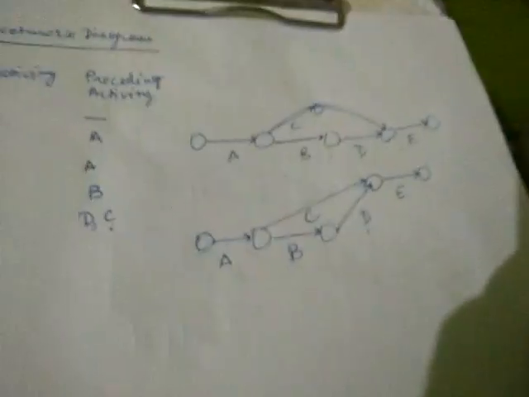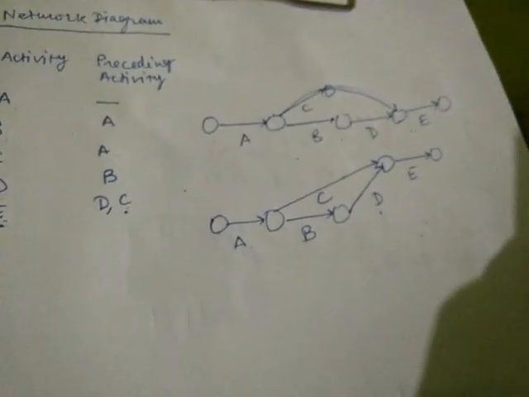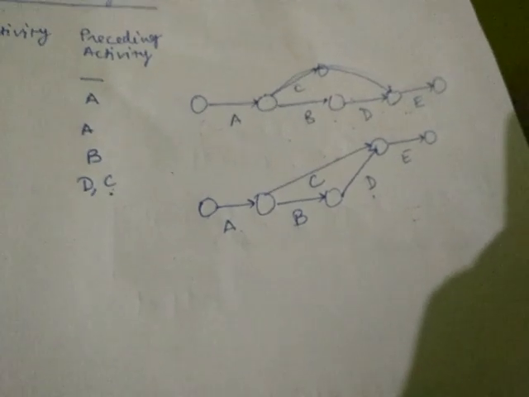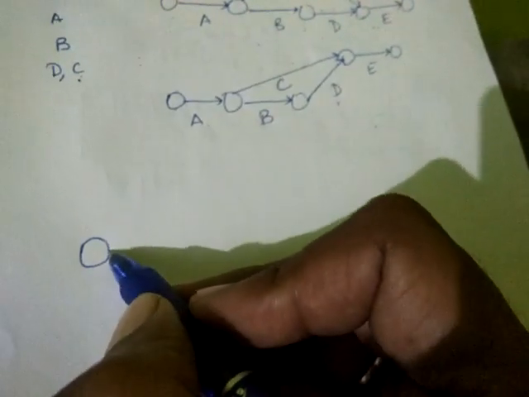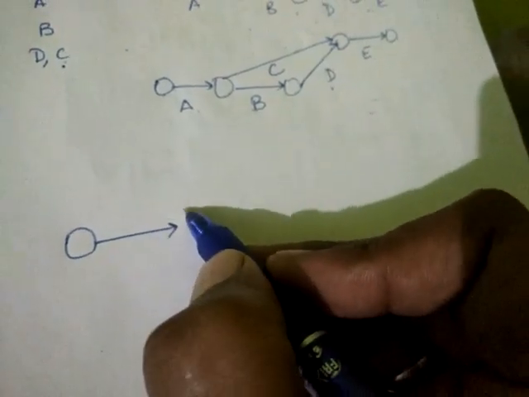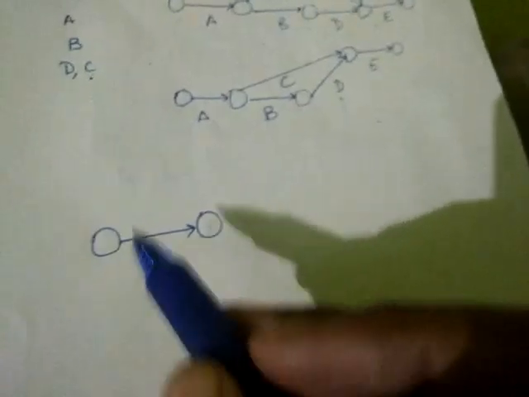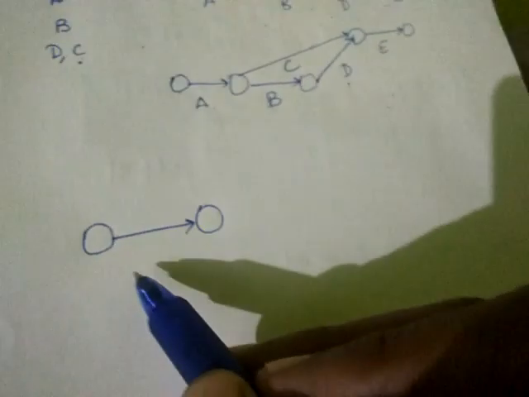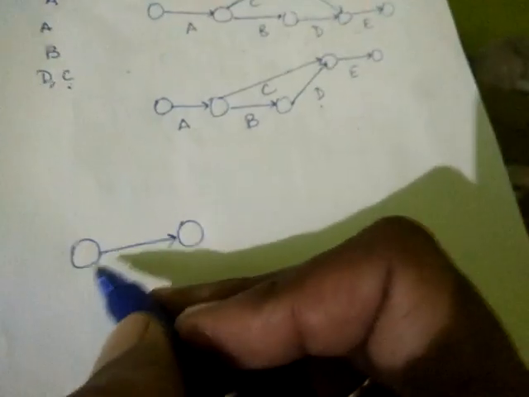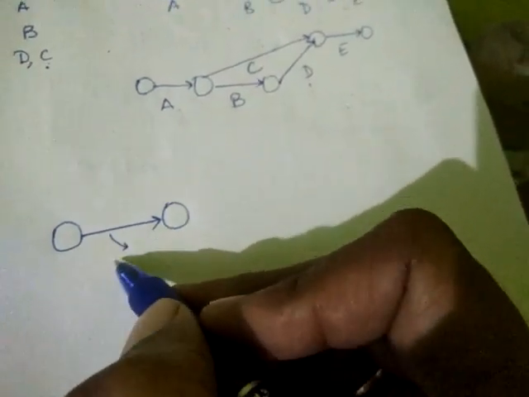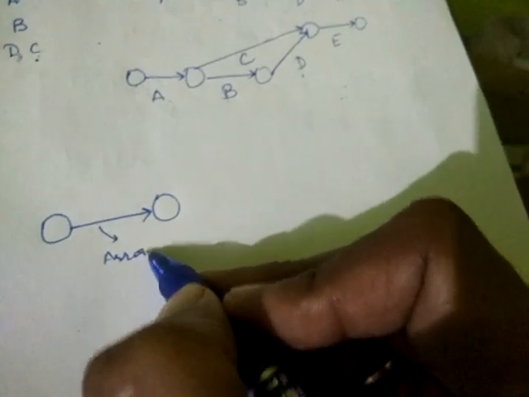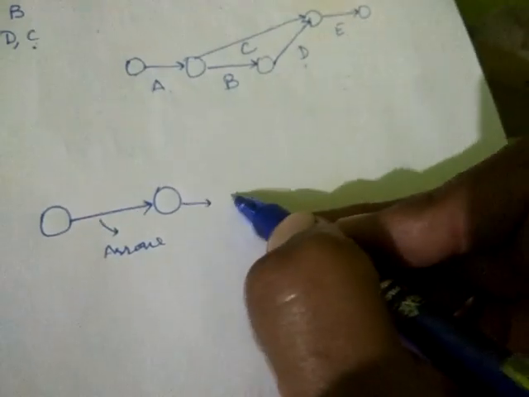Now see, what is the special thing in this network diagram? Now you can see that this network diagram is made up of these things: arrows and small circles. These arrows, this is called arrow, and this is called node.